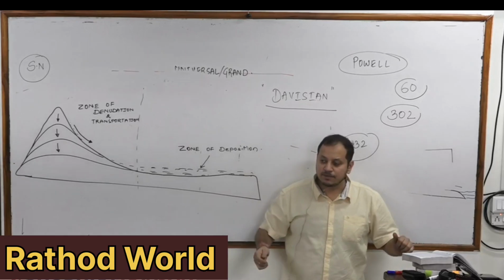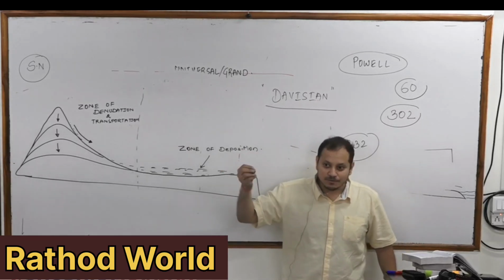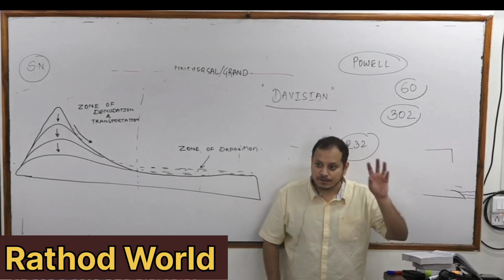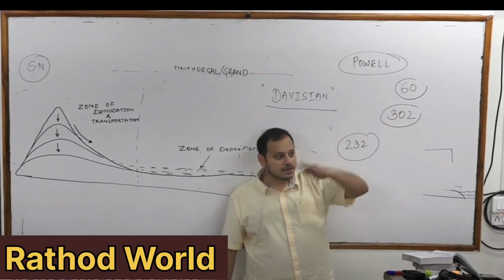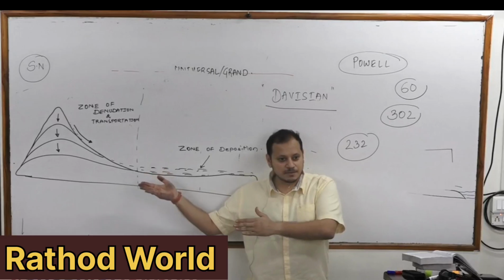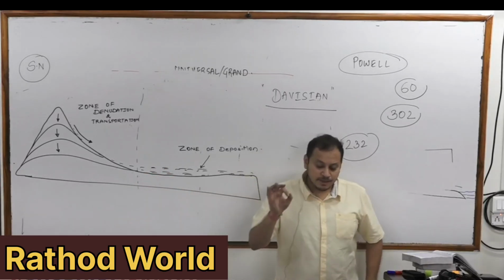But in those millions of years, some new mountains will be created somewhere else. So what we will find is that peneplain will not exist uniformly. The Davisian concept that if there is enough time, the entire earth will become flat, that will never happen. If Himalayas are destroyed, some other mountain will come at some other place. Getting it? That is why time was criticized.